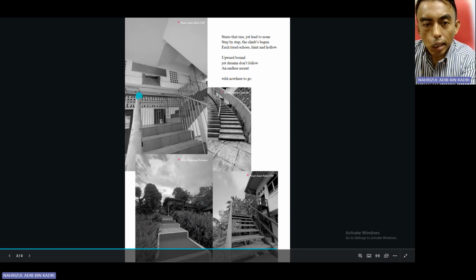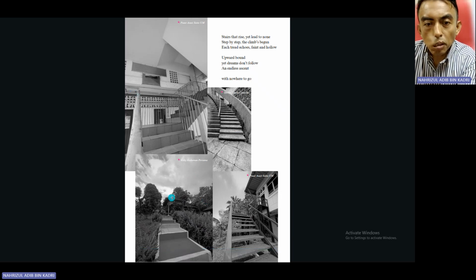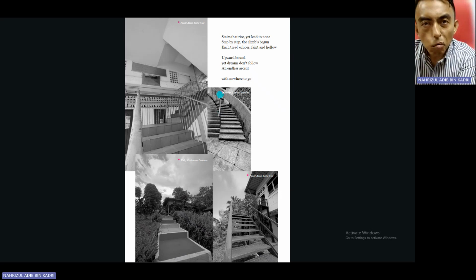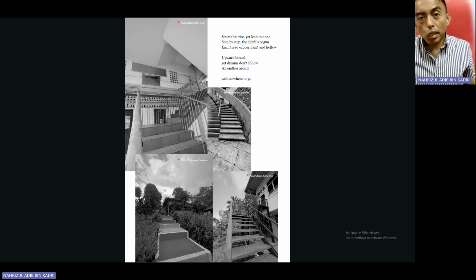And I intentionally made all the photos black and white because I want to convey the nostalgic feeling, the creative side of this, right? And the poem is actually quite vague. The poem is actually written by ChatGPT. I don't mind if you're using ChatGPT, I have no issue, but make sure you edit it so that the feeling is there, so that the message is there.